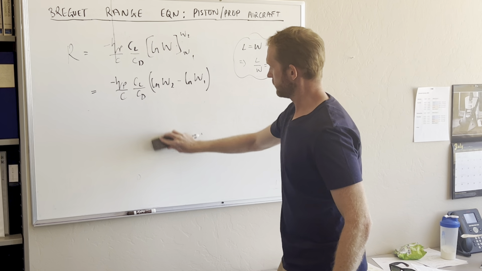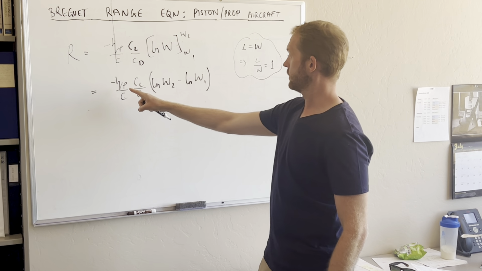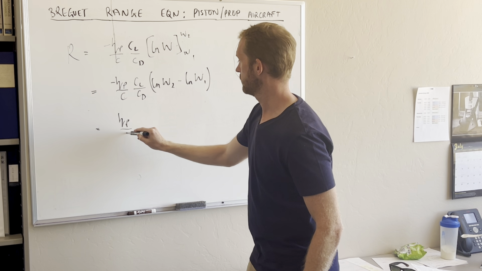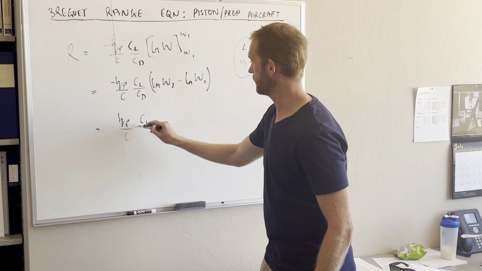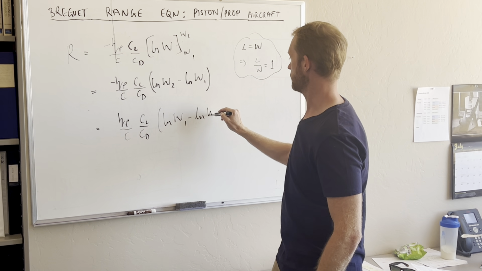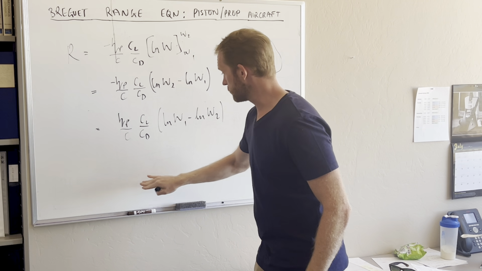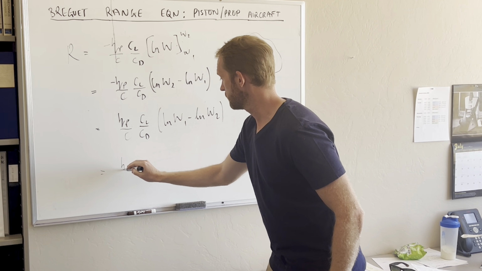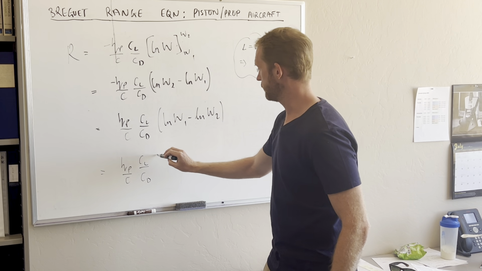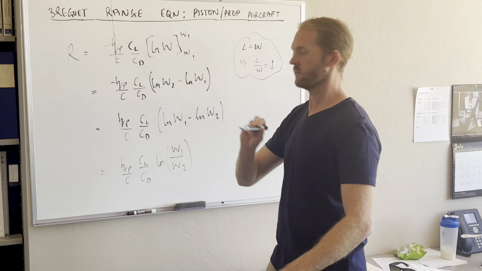And then the final little bit of tidying up to do, I can push the negative sign into this bracketed term on the end, so I can just flip it around, log W1 minus log W2, and then finally, using the law of natural logarithms, I can do that, right?